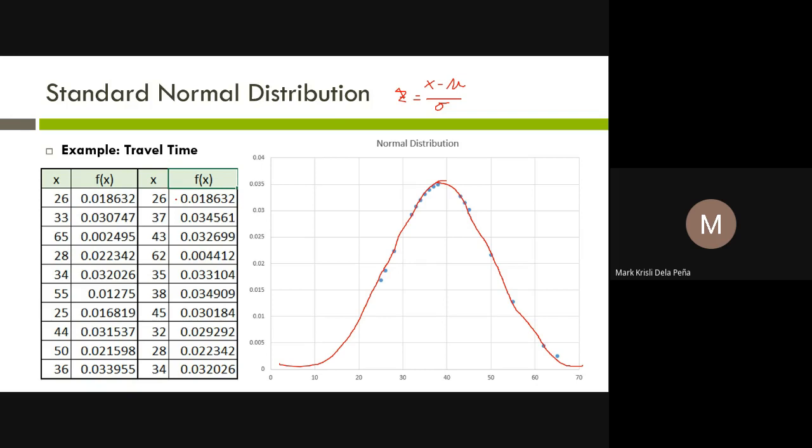Ideally, when you standardize a value, you don't need to use the Gaussian function. I'm just showing you so that you can see that these points are actually found in the normal curve, and they really form a normal curve.